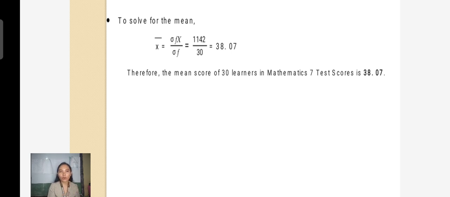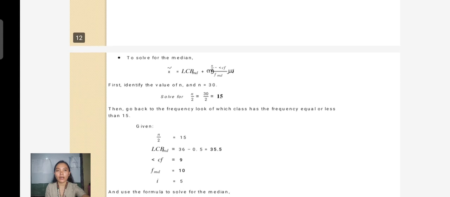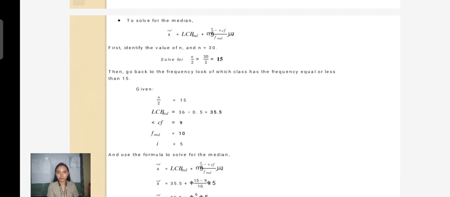Therefore, the mean score of 30 learners in the Mathematics 7 test is 38.07. If you added all 30 scores, you would still get the mean, but since our data is too large, we used a frequency distribution table to make the computation easier.